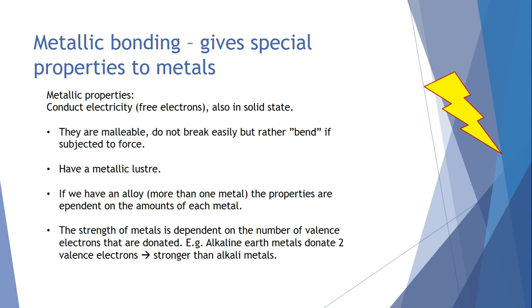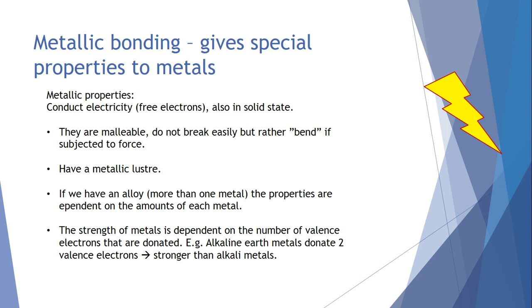So for an ionic compound, we needed a liquid or a solution of that ionic compound. But metals, they conduct electricity all the time, also in a solid state. Another contrast to ionic compounds is that metals are malleable. That means that instead of breaking easily into smaller parts like a salt crystal, they rather bend if we subject them to force.